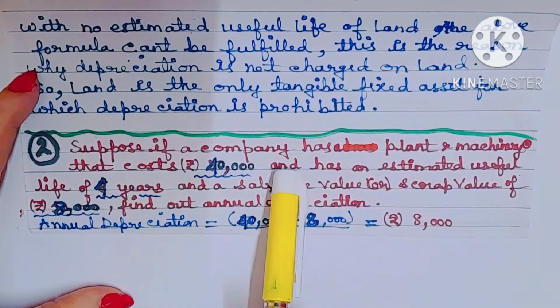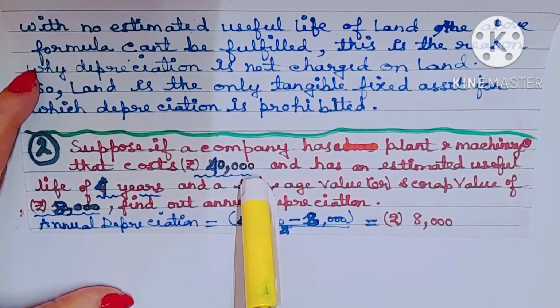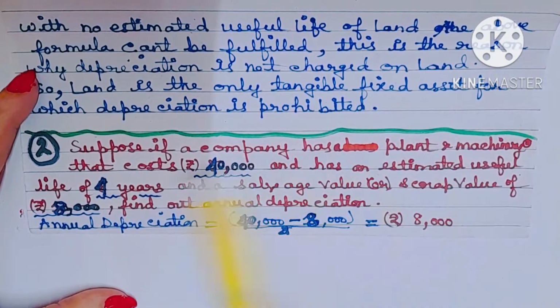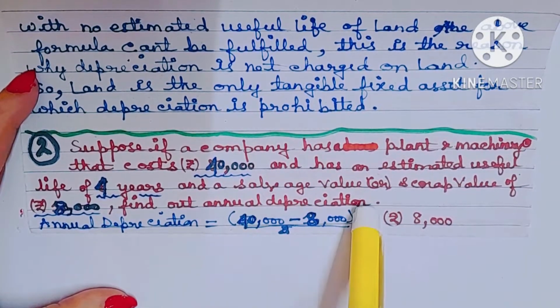Okay, now let me show you how to find out annual depreciation. Suppose a company has a plant and machinery that cost rupees 40,000 and has an estimated useful life of 4 years and a salvage value or scrap value of rupees 8,000. Find out annual depreciation. Easy.